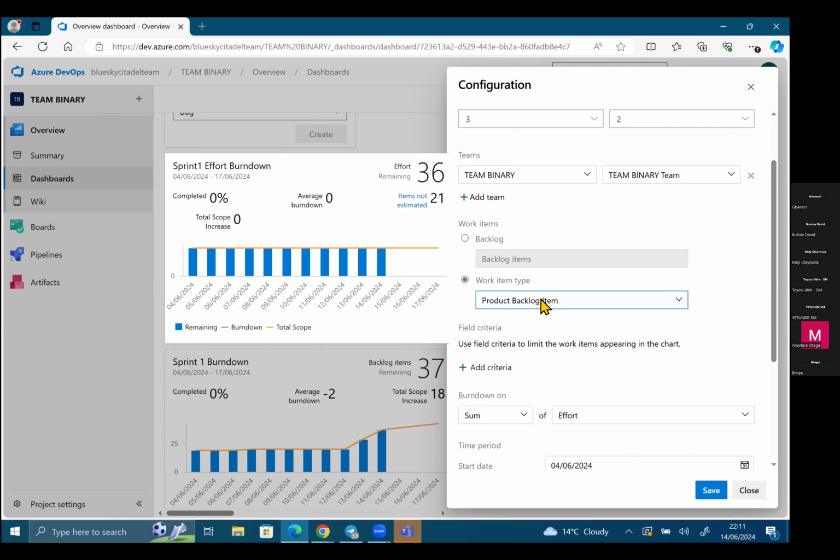And then we now want to add the criteria to it. We want to tell it to pick the sprint 1 or the backlog.